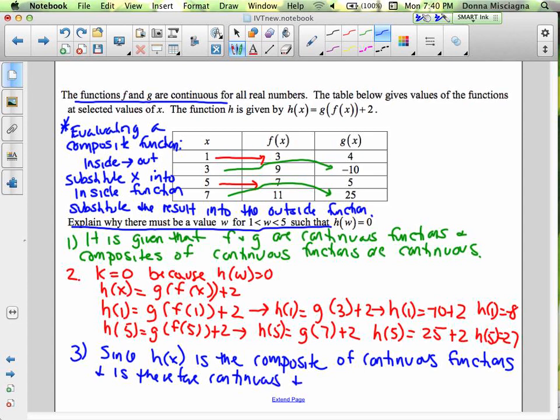and f of 1 is less than k, where is, oh, that's right, k was 0. K is less than f of 5, since we have f of 1 there was -8, k there was 0, and h is 27.